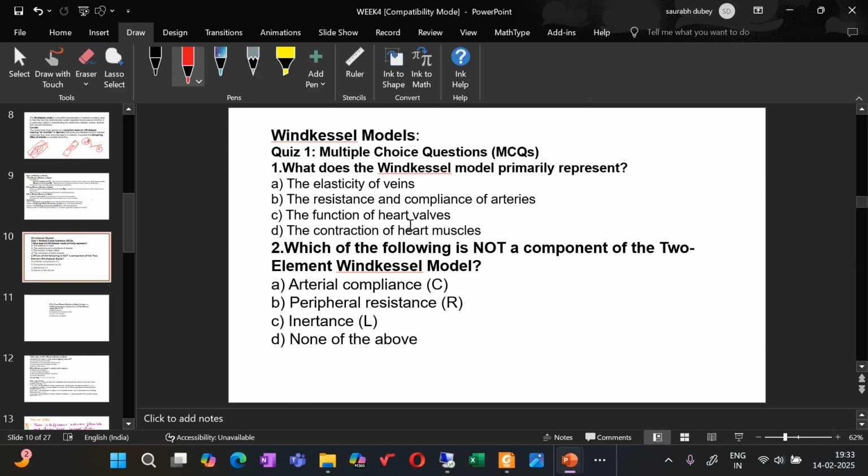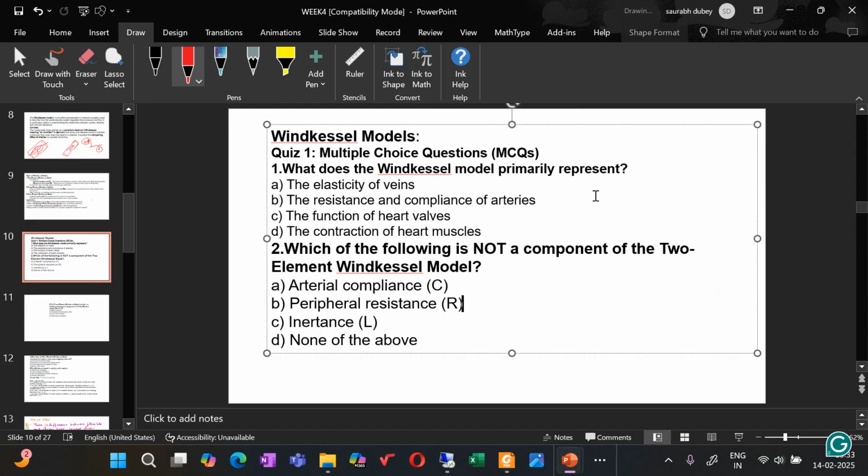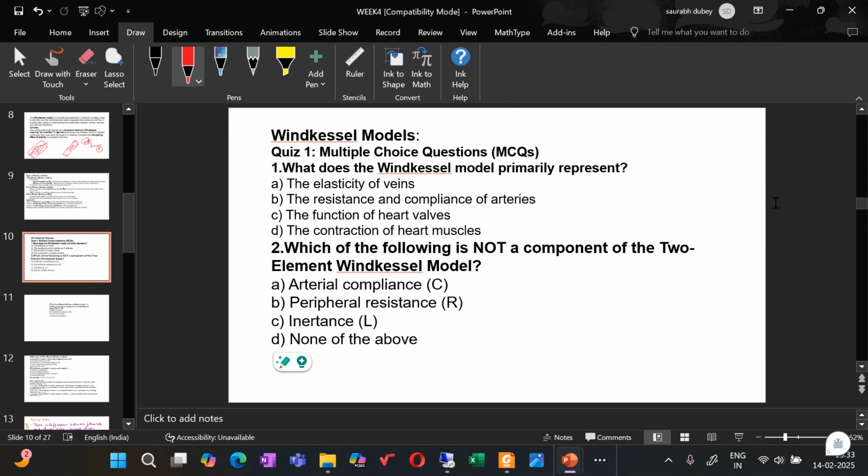Okay. So this question is: what does this Windkessel model primarily represent? The options are the elasticity of the veins, the resistance and the compliance of arteries, the function of heart valves, and the contraction of heart muscles, right?